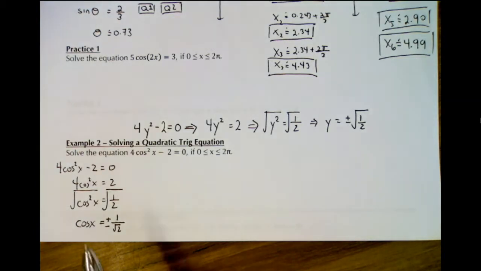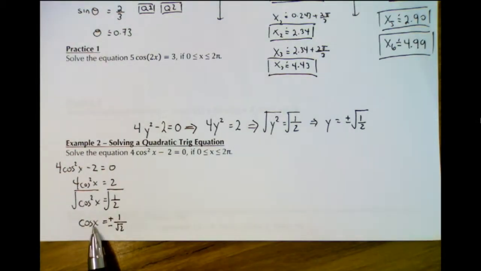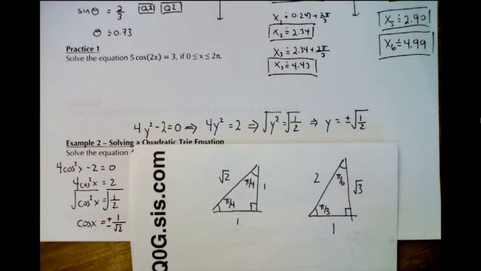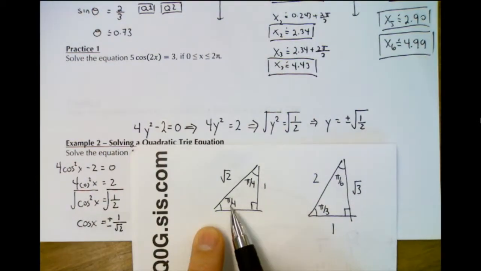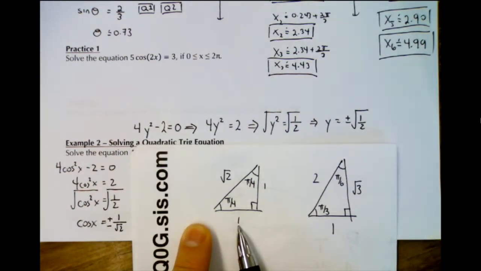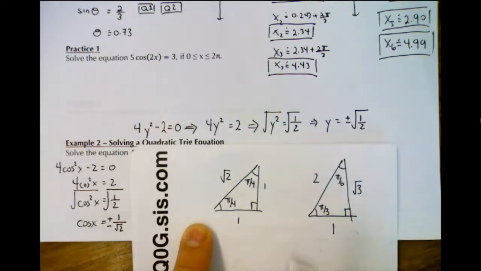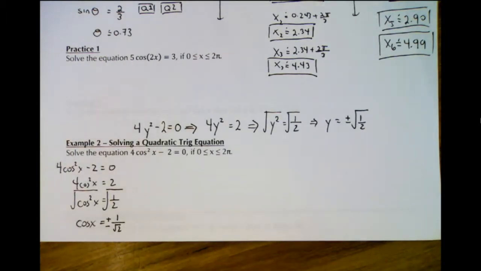So now basically we're solving for where cos x is 1 over root 2. And the nice thing is, 1 over root 2 is one of our special triangles. If we go from this angle, cos would be adjacent 1 over hypotenuse root 2. 1 over root 2 would give you this pi over 4. So where is cos x 1 over root 2?